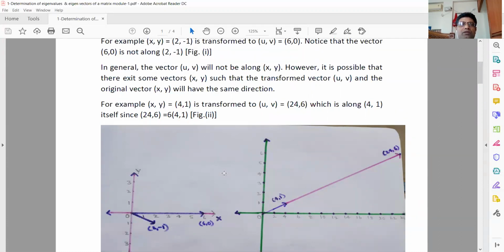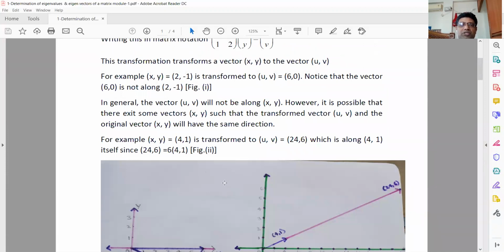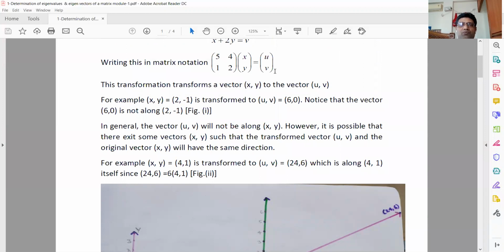Now in general, the vector u comma v will not be along the vector x comma y. In general, it is not possible.